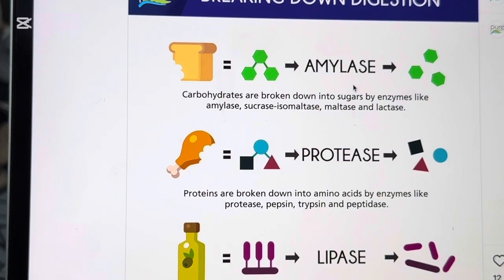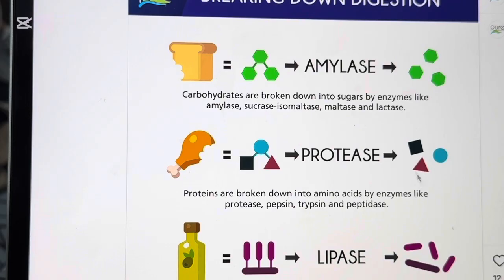So basically, these three enzymes, they act on these three substrates, which are carbohydrates, proteins, and fats, and they are converted into simplest forms, which are very small in size, which are soluble and can be absorbed easily by our cells for repair, for growth, for survival, for energy.